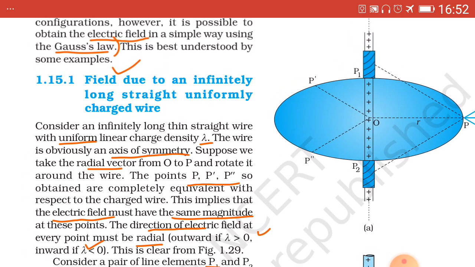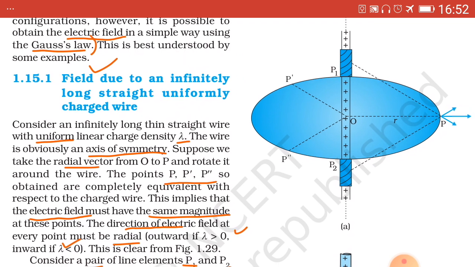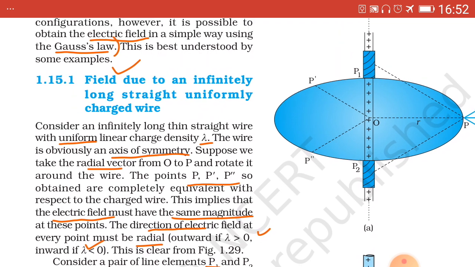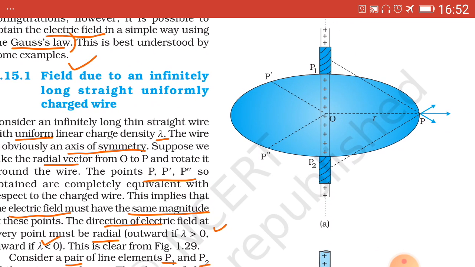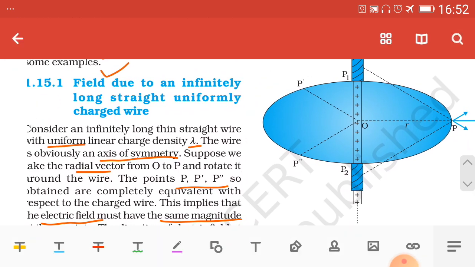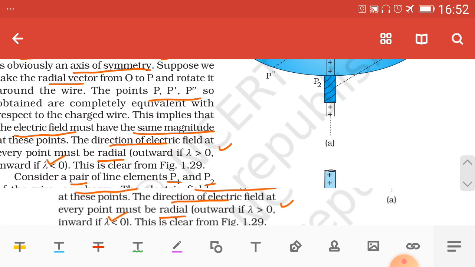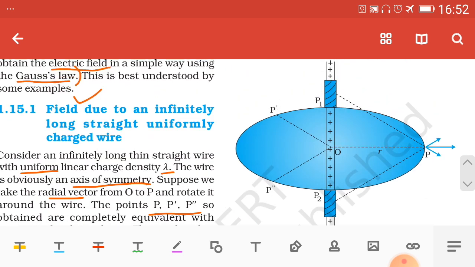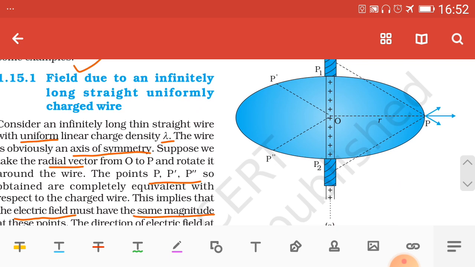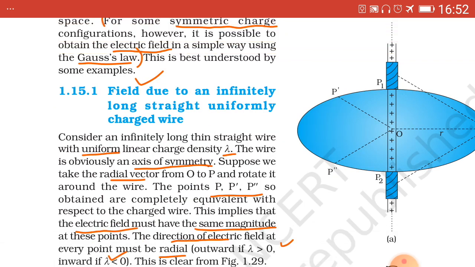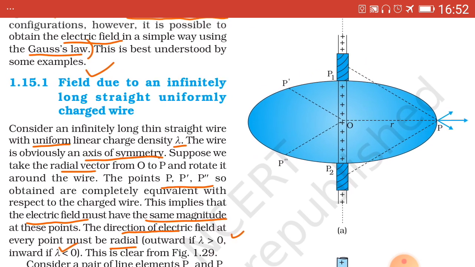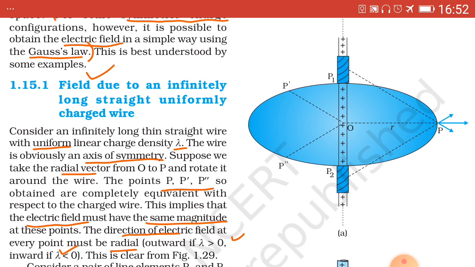Again refer this diagram. Now we go ahead.